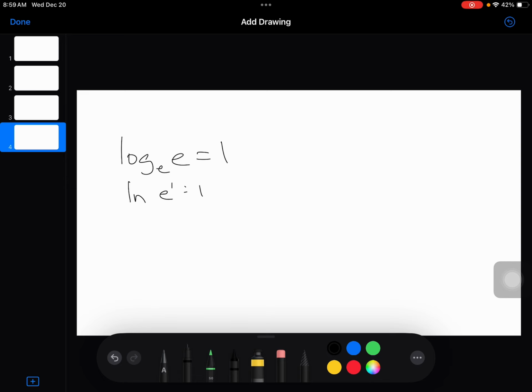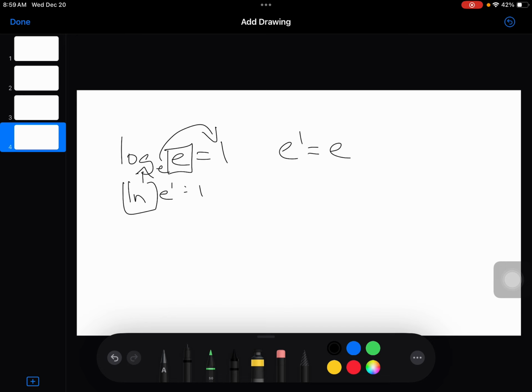Because e to the first power is equal to e. So this is an inverse function. E to the first power is equal to e. And so that's what we have here. We have e raised to the first power, and then that gives us e there. Or ln is actually log base e. And so e raised to the first power is e.